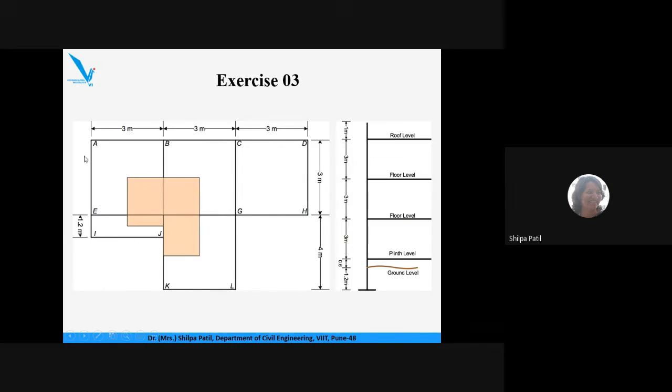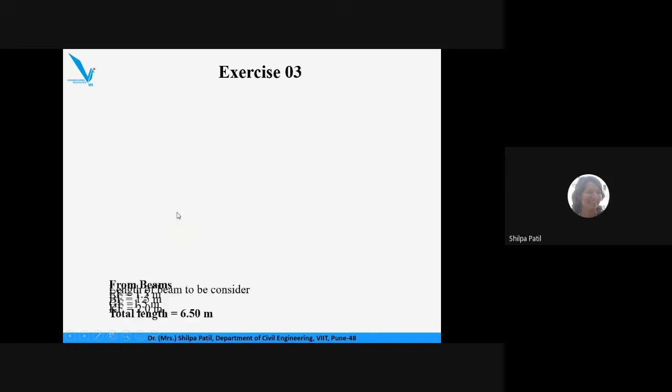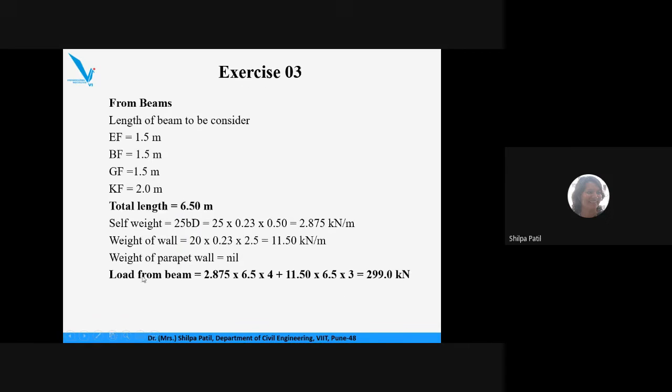The parapet wall runs always along the periphery of the structure, and this is your interior column. Suppose you have been designing the G column, then you need to consider the load coming from parapet. Here there will be no load acting from parapet wall. So the load from parapet wall is considered as nil.